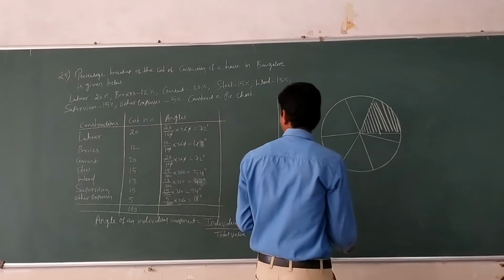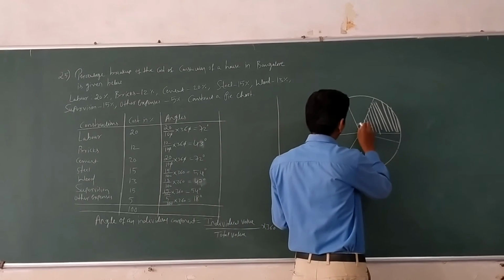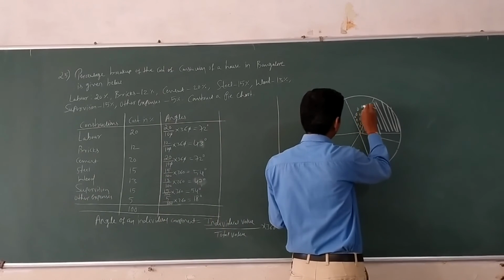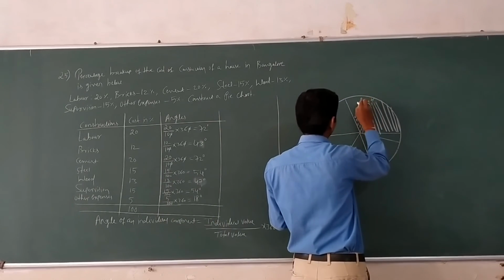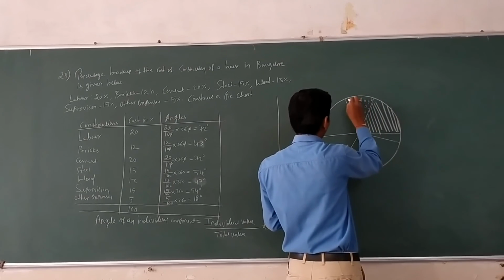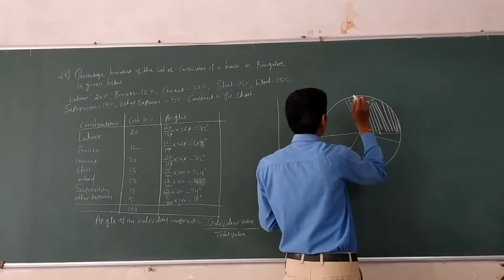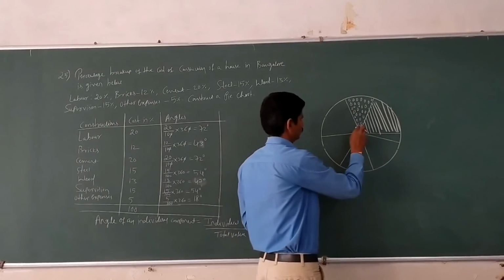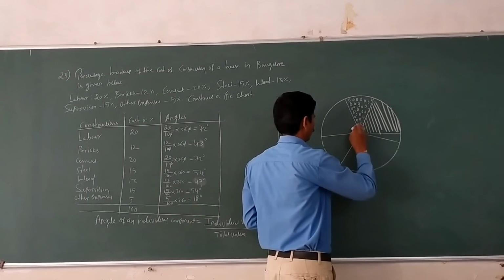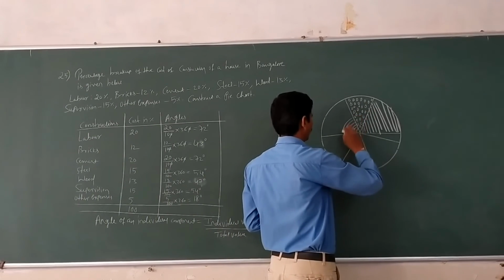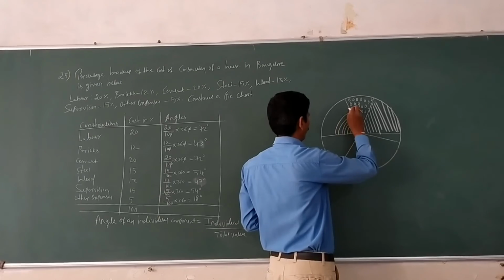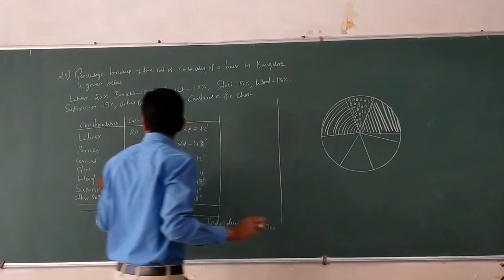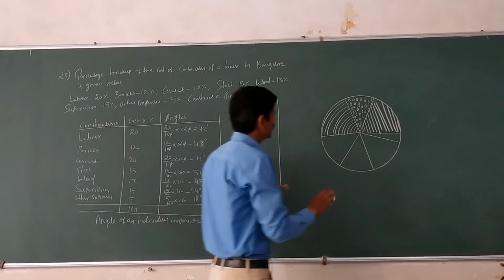Second one, that is bricks, it indicates bricks. The next one is cement, it indicates cement. The next is steel.